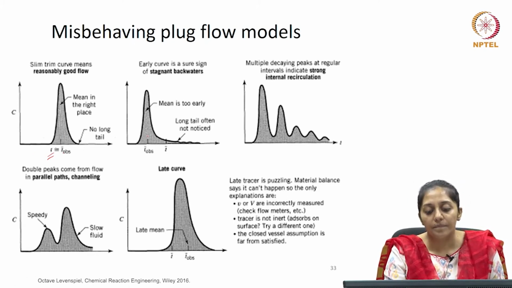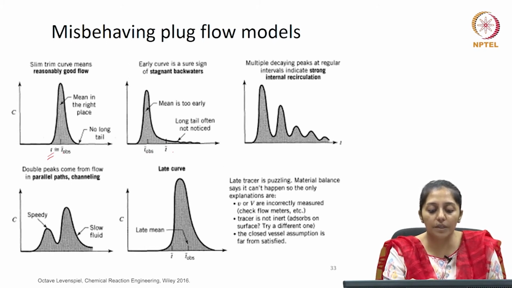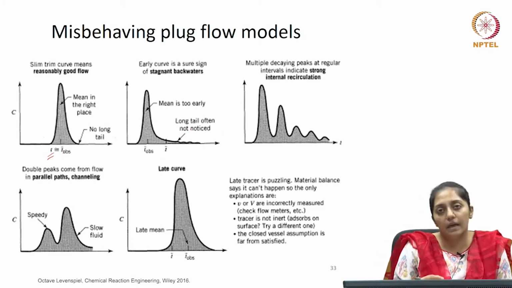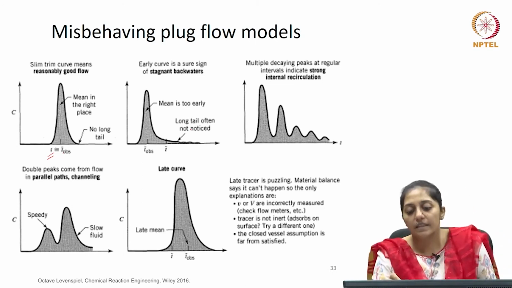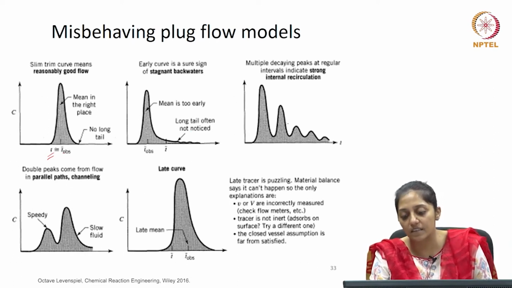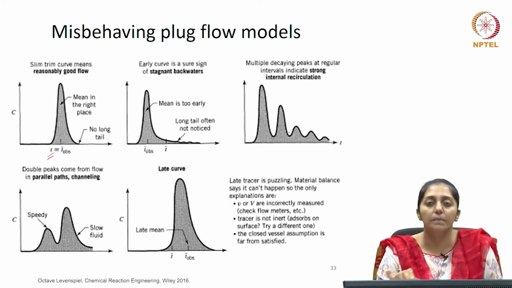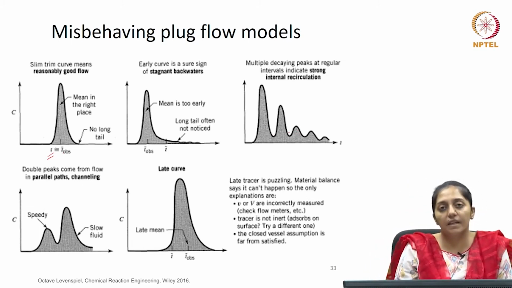Now, if there are stagnant backwaters, then your observed mean residence time would come much earlier than the theoretical mean residence time, and you will see a long tail at the exit of the tracer. Then in the third scenario, if you see many peaks of decreased amplitude, then this shows strong internal recirculation of the medium.